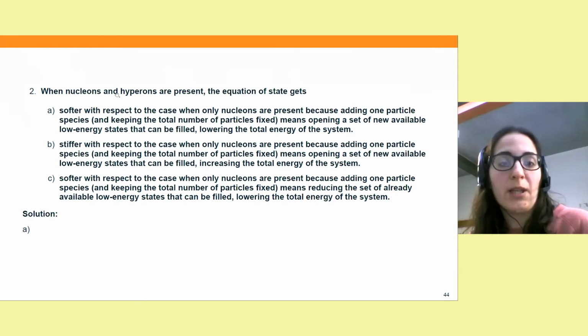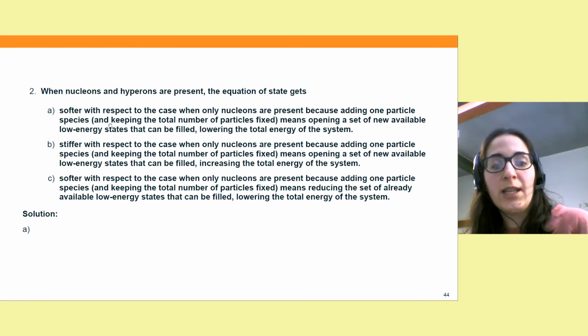So when you put hyperons with respect to the case where you only have nucleons, the energy and the pressure as a function of density reach lower values than when you only include nucleons. So this means softer.